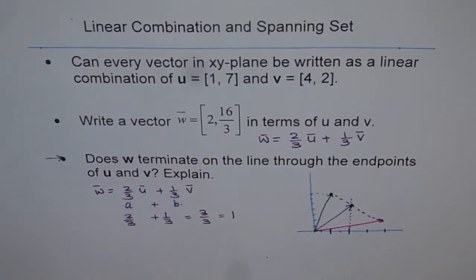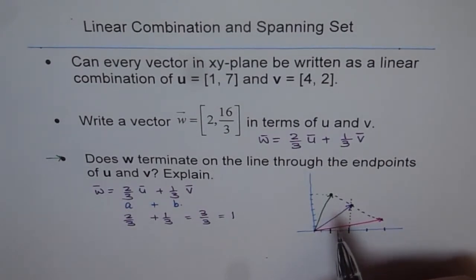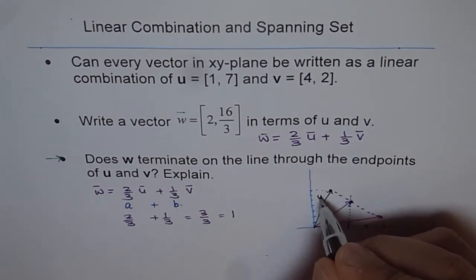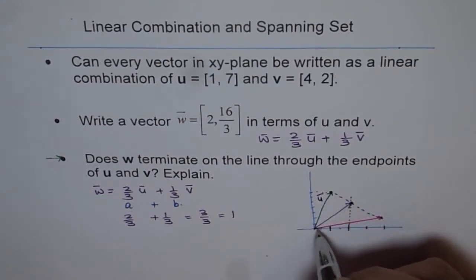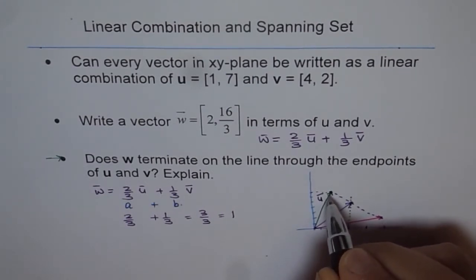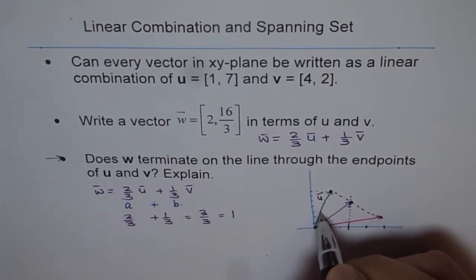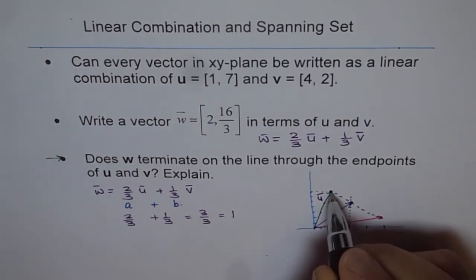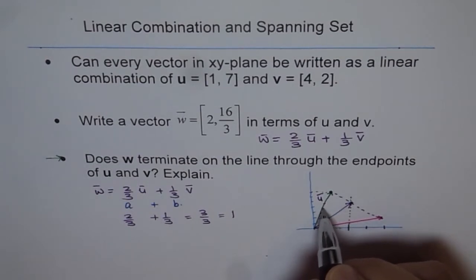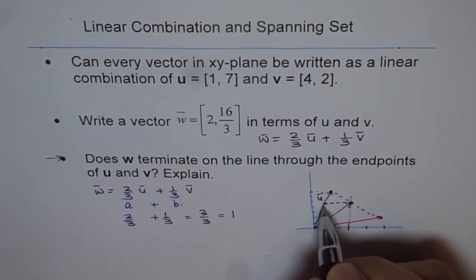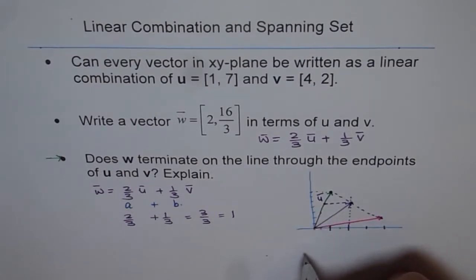So what I'm trying to say is that in this scenario, w is 2/3 of u. This is my vector u. Now 2/3 of u will be, let's say these are 1/3 each, so this point will be 2/3. Let me divide this into 3 portions. So if we draw like this, this will be 2/3 of u.